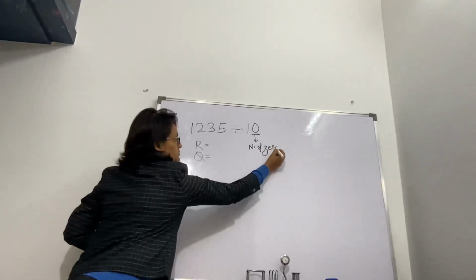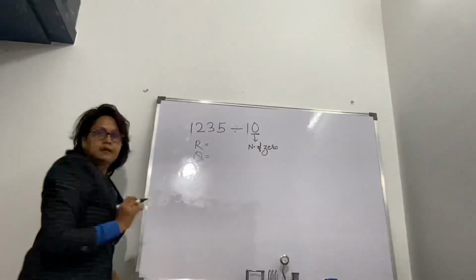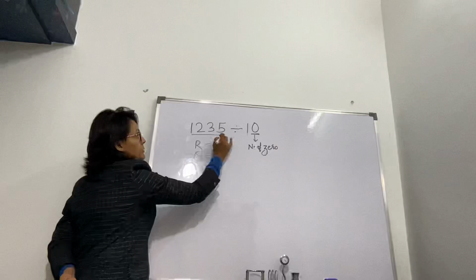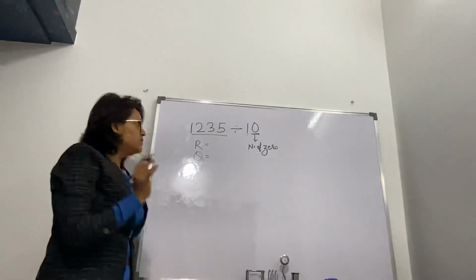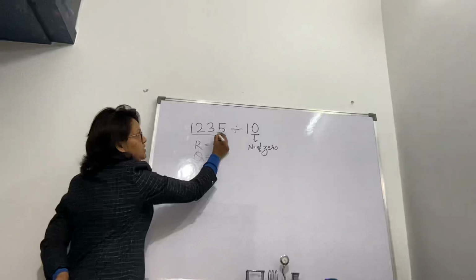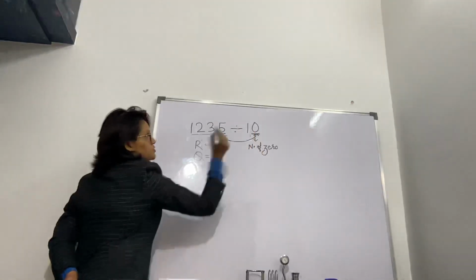Here the number of 0 being 1, we will start looking for this number from the right side, and we'll come to the first place because this corresponds to the number of 0.